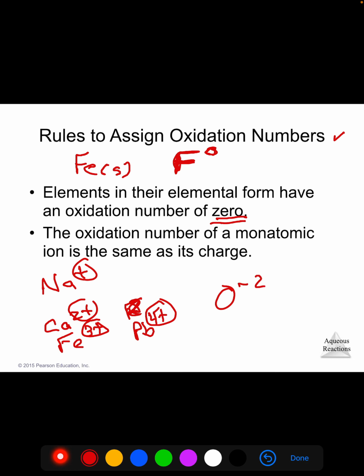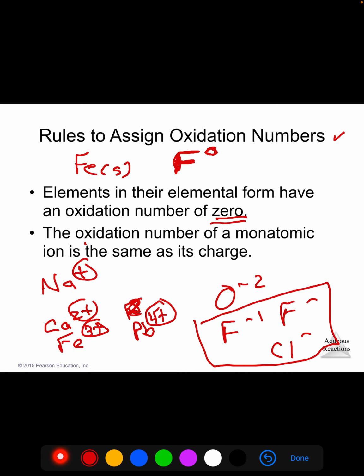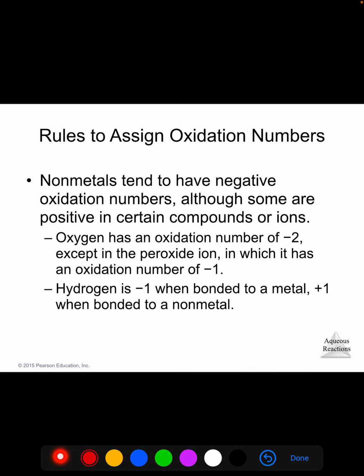Also, 2 minus for oxygen comes to mind. Fluorine, minus 1. We usually just write F minus, Cl minus. Those are all minus 1, okay? Their oxidation number is the same as its charge. N3 minus, so nitrogen's 3 minus. And most commonly it is, until they start forming oxyanions or complex compounds.